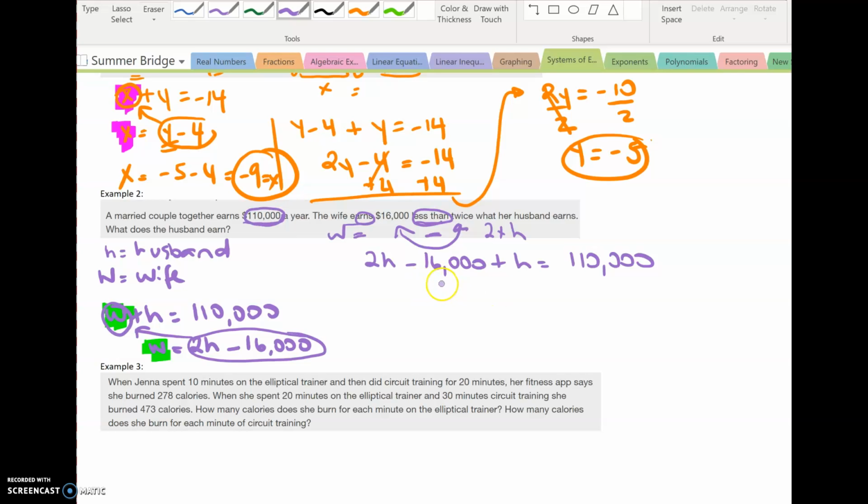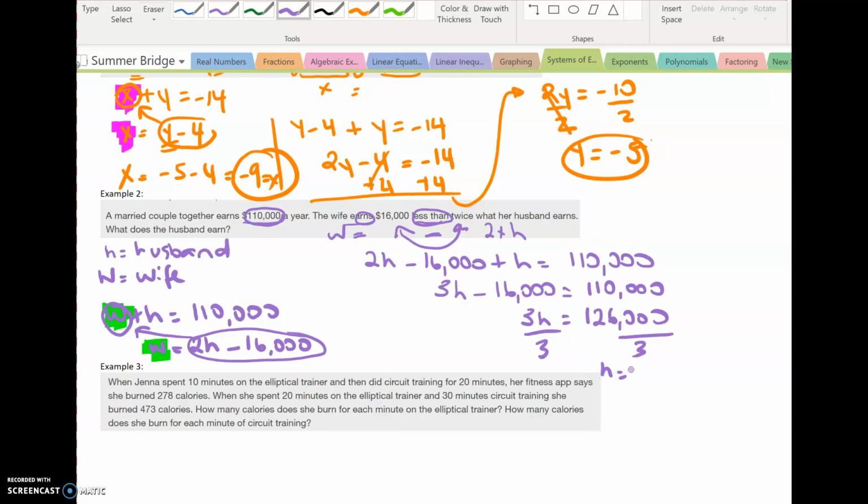Okay, so I'm going to simplify. I have 3H minus 16,000 is equal to 110,000. I'm going to add 16,000 to both sides. So 3H is going to equal 126,000. Finally, we divide by 3.